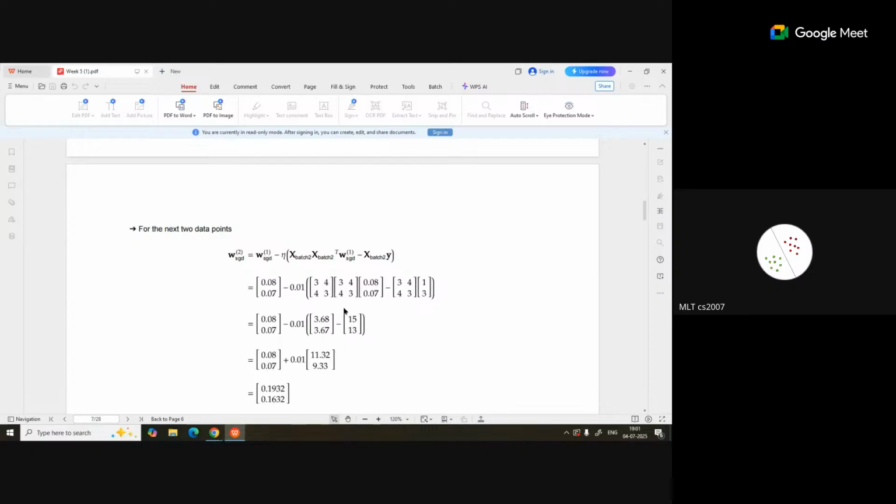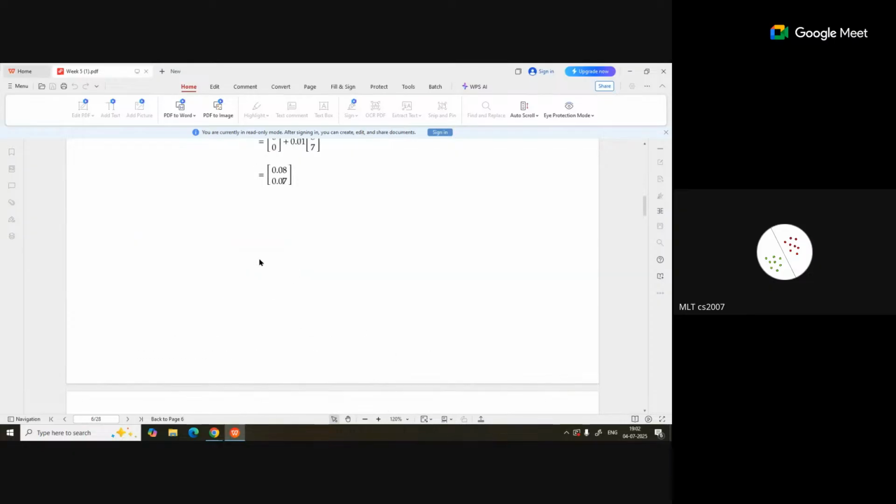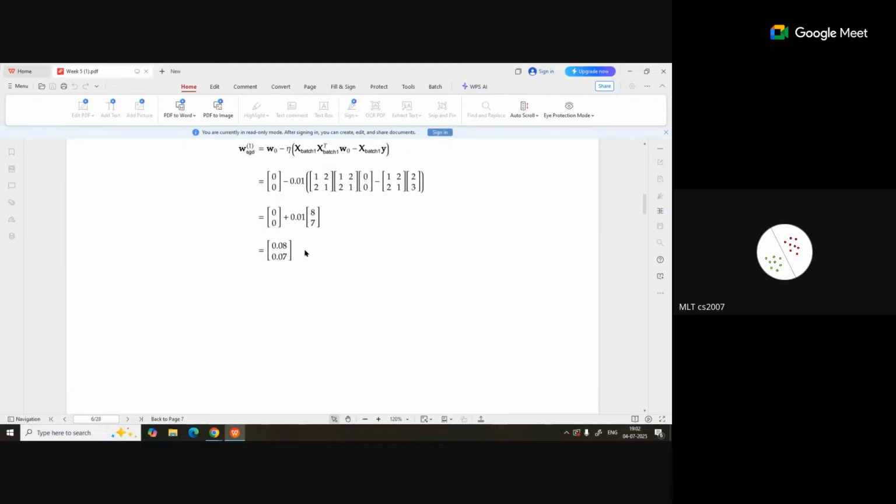Are you able to connect it here? So now, shall we use the updated one, or shall we use 0 0 for this sample? That is the question. Either I can use 0 0 here also and calculate the updated weight vector for the second batch, or I can take this one.